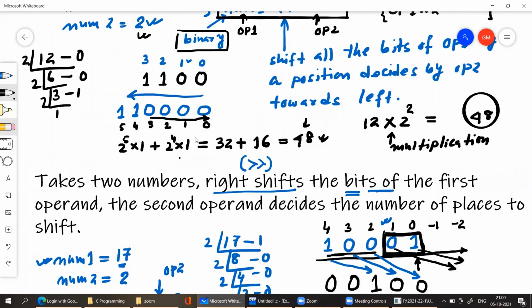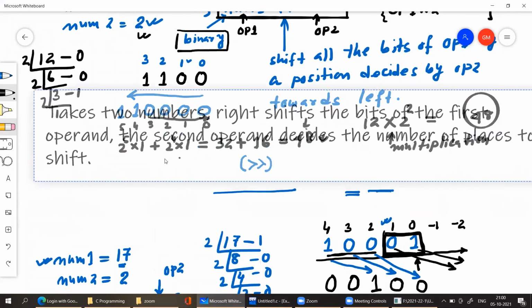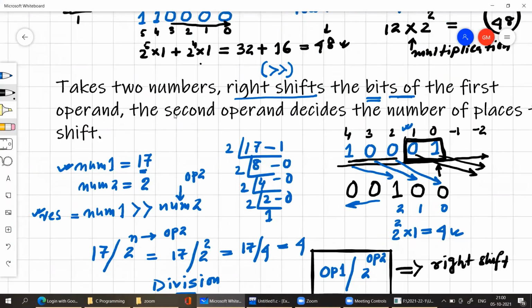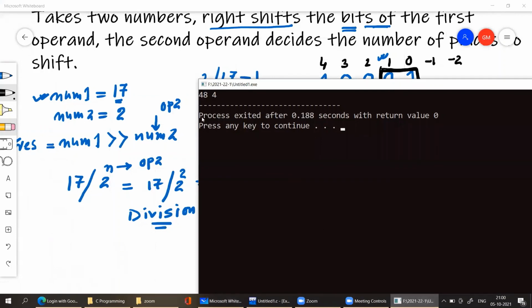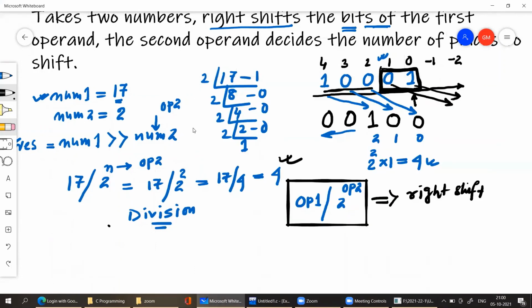And the right shift result, if we look again, is 4, and now look at the output, it is also 4. So this is the complete mechanism of shift operators. One is doing multiplication, another is doing division, and we get the result accordingly.